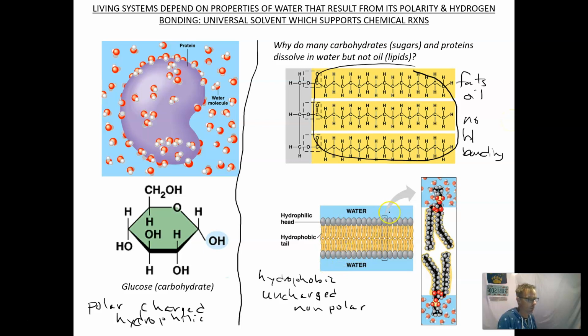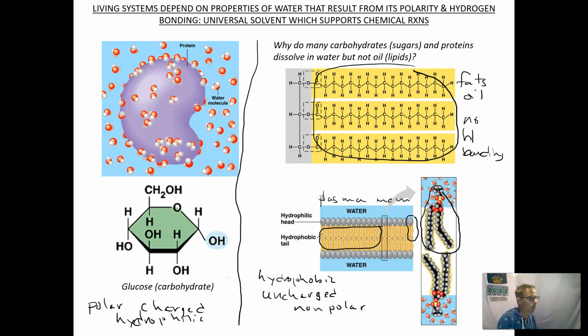And one of the best examples of this is going to be found in cell membranes. So this is a plasma membrane, cell membrane, phospholipid bilayer. This is one individual phospholipid right here, and then this is a larger view of that phospholipid.